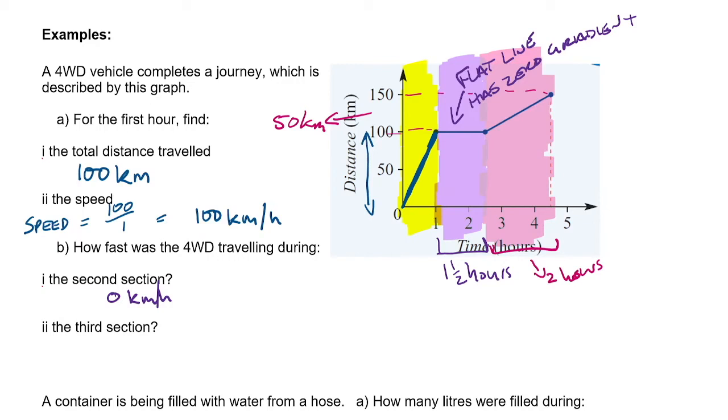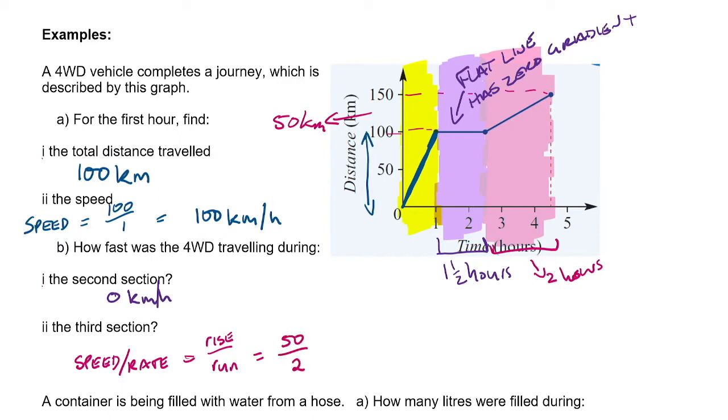So to work out our speed, or our rate, we're using our rise over run, which equals a rise of 50 and a run of 2.